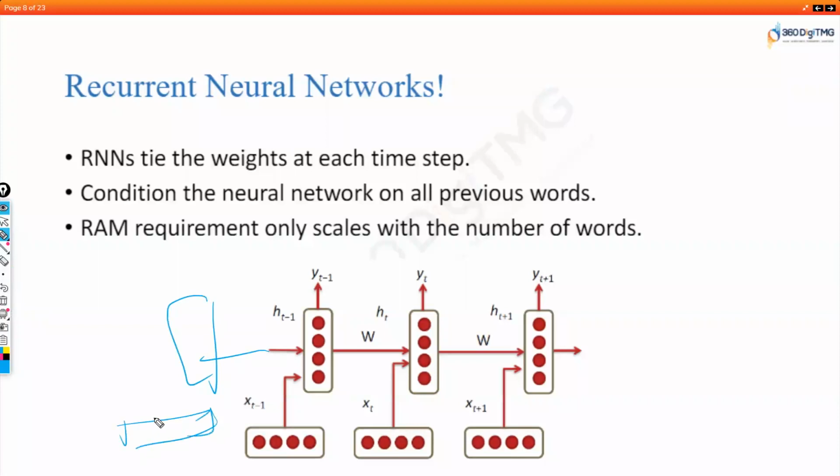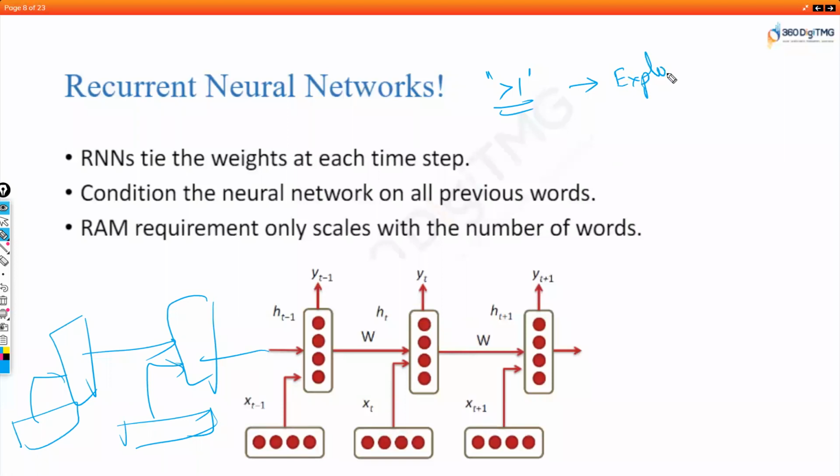you'll have all the weights, right? All those weights you keep multiplying throughout when you pass on to the network. If all these weights are greater than one, if they are initialized as greater than one, and you keep multiplying those numbers throughout, then the final number will explode.